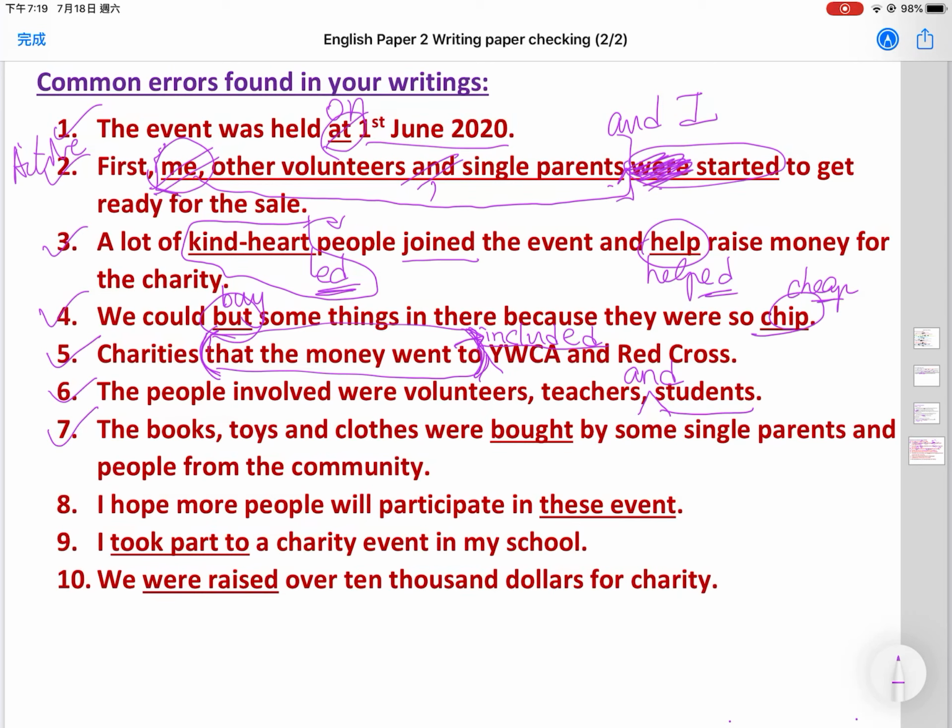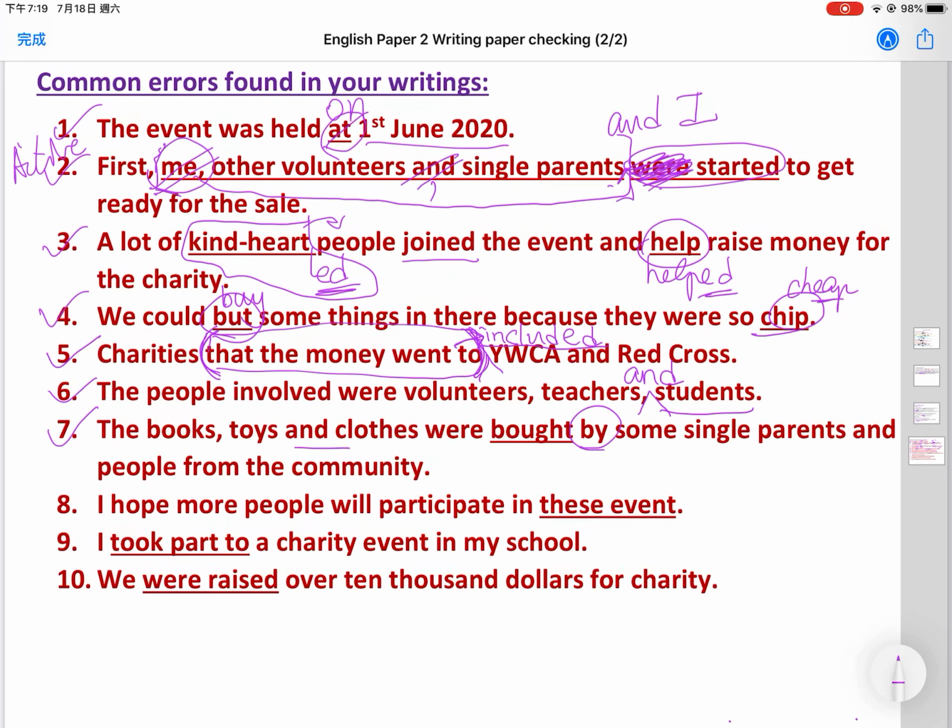Okay, and number 7, the books, toys, and clothes were bought by some single parents and people from the community. I can see that's a very nice passive voice sentence used. Very nice attempt.